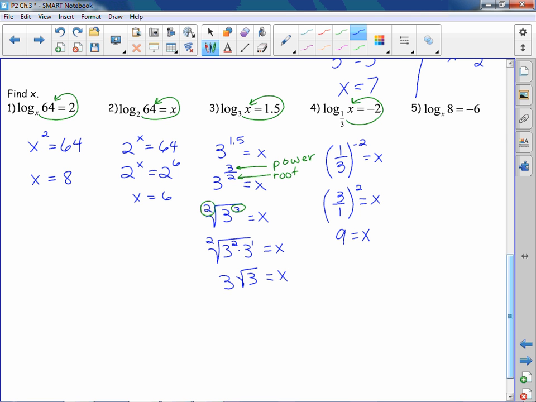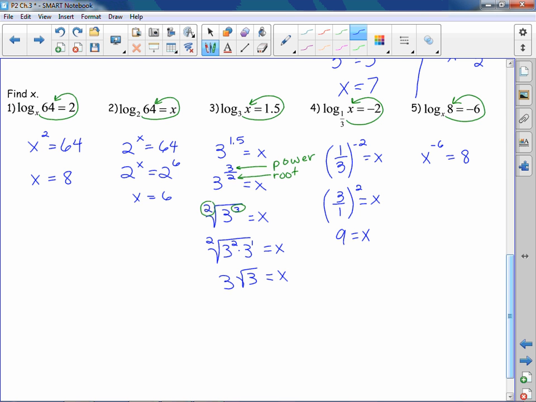And then we have log base x of 8 equals negative 6. X to the negative 6 equals 8. That's going to be a huge number, isn't it?